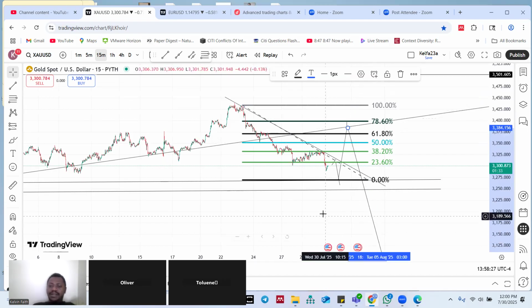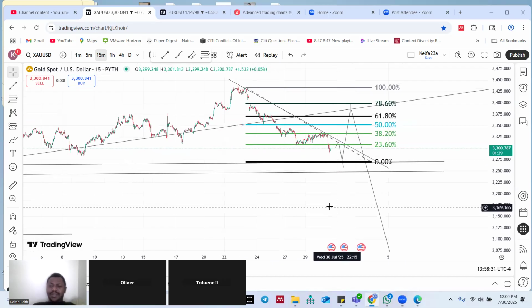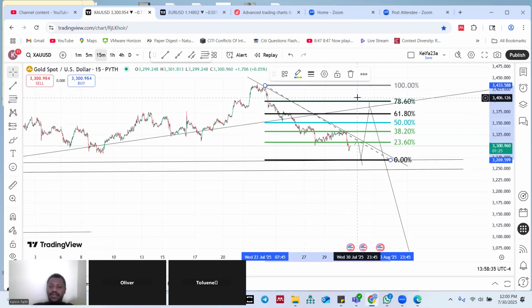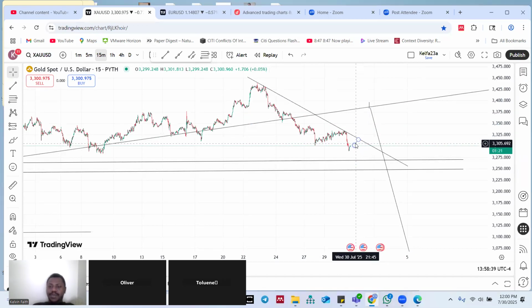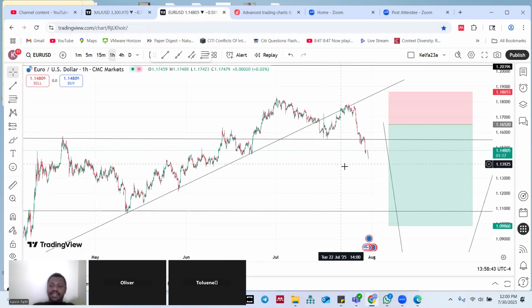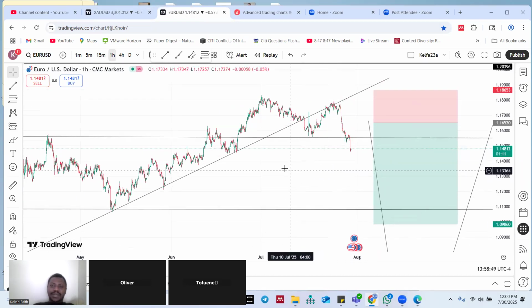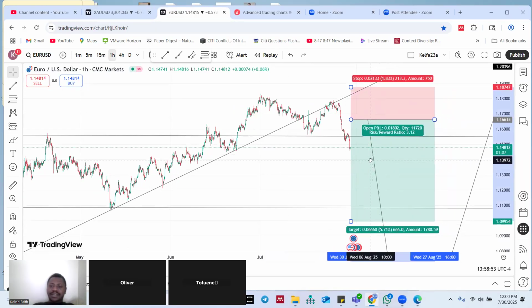Then we can continue to short gold. So yeah, from this I can say that most times, for the most part, Euro USD and gold are somewhat correlated. Not very close, but that's what I can see.